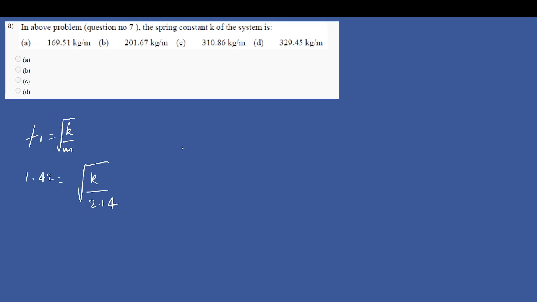Frequency, it's okay, 1.42. So K is basically 1.42 square into 2.14, the spring constant K of the system. How much are you getting? 4.31.